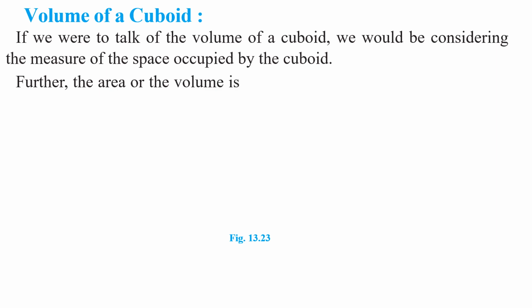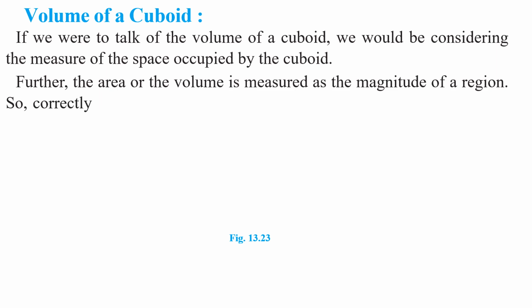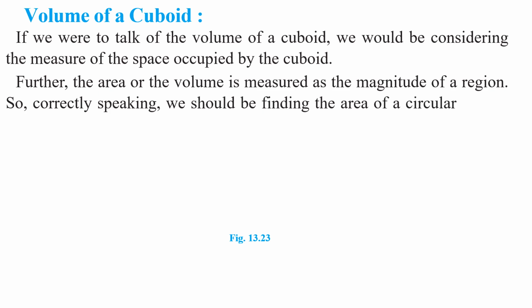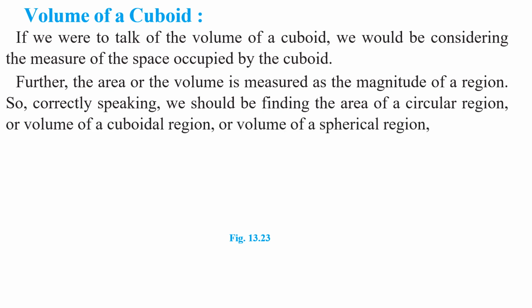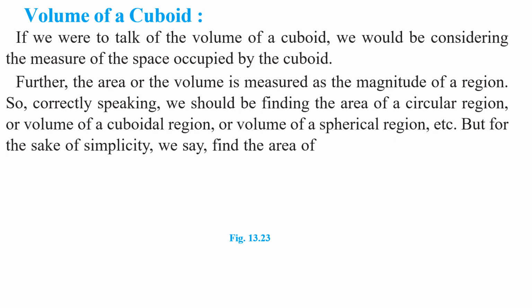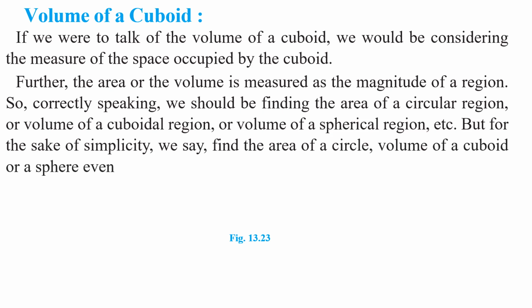Further, the area or the volume is measured as the magnitude of the region. So, correctly speaking, we should be finding the area of a circular region or volume of a cuboidal region or volume of a spherical region, etc. But for the sake of simplicity, we say find the area of a circle, volume of a cuboid, or volume of a sphere, even though these mean only their boundaries.